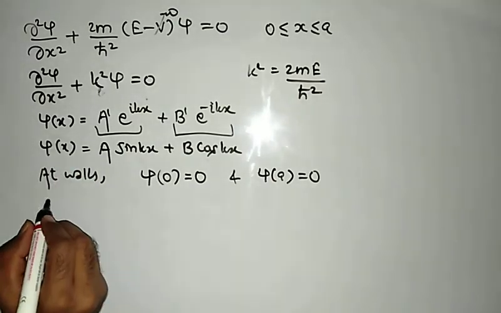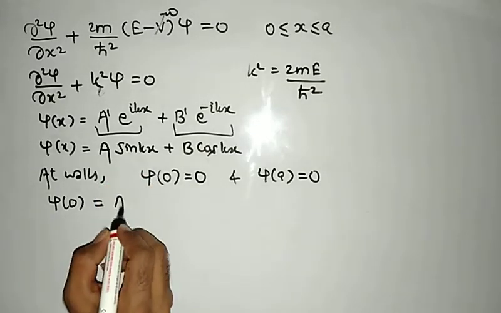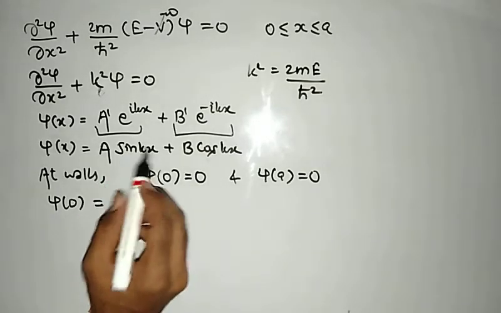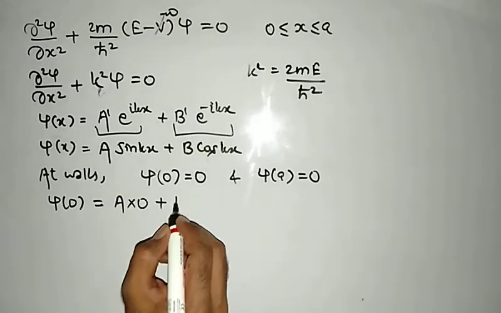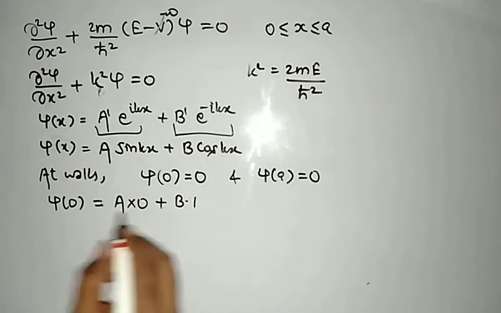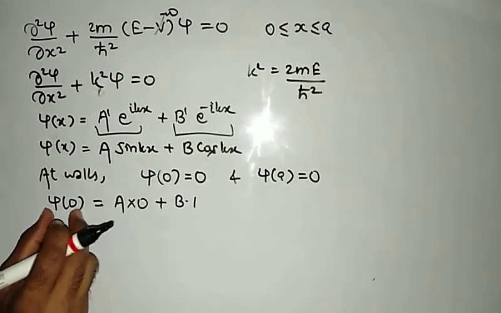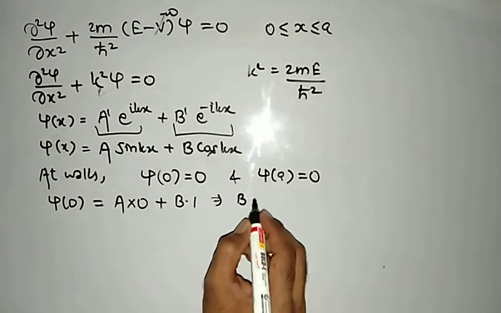Putting x equal to 0, psi 0 is equal to a sin 0, that is 0, a into 0, plus cos 0, that is 1, so b into 1. So this is again 0, and this is also 0. This implies the value of b is 0.